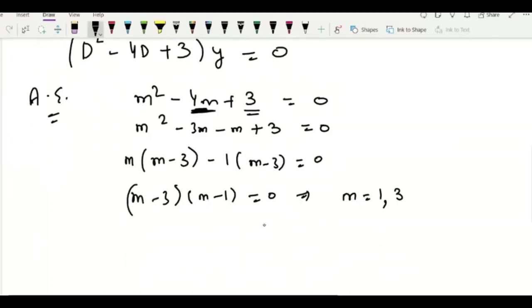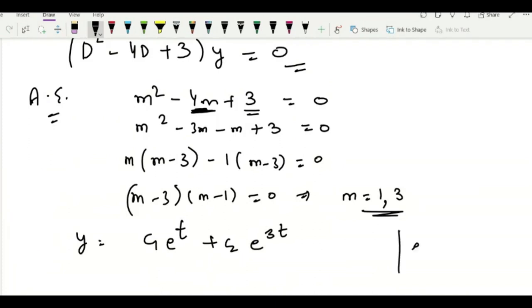So here we get the complete solution because we have only a homogeneous equation: C1, the real and distinct roots, e raised to power t plus C2 e raised to power 3t. And after substituting e raised to power t is equal to x, C1x plus C2 x cube.